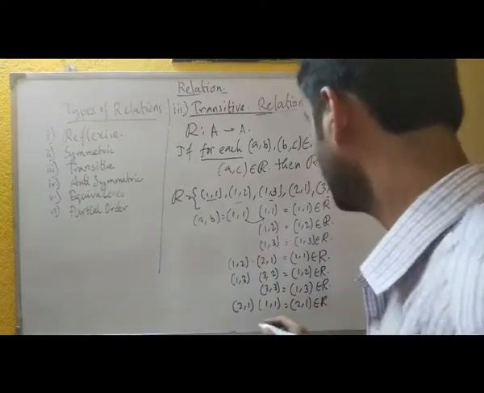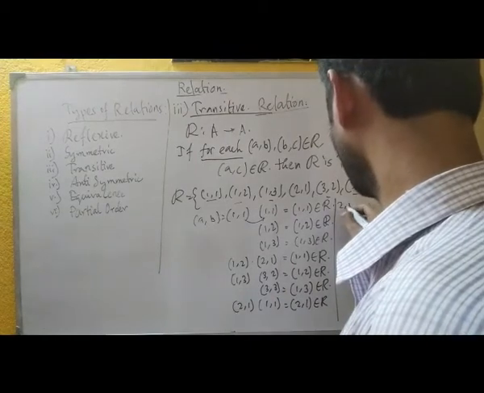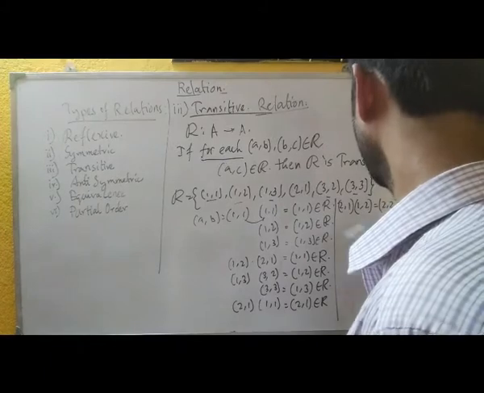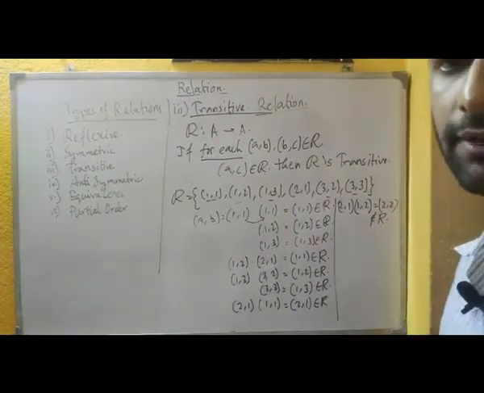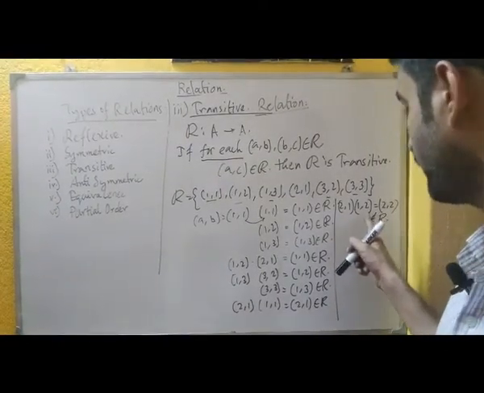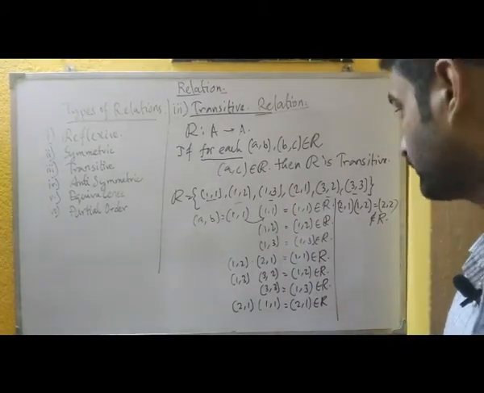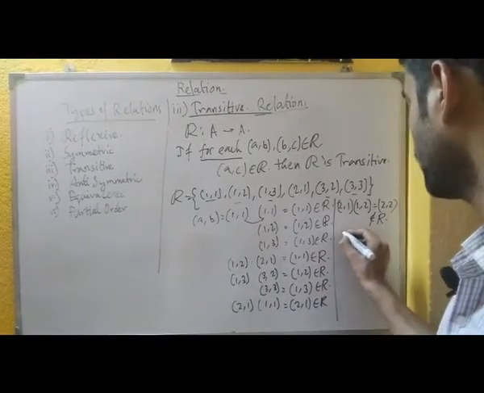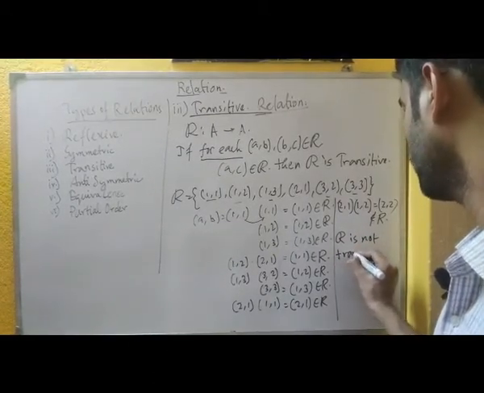It belongs to R. Next we take here (2,1) with (1,2), that gives (2,2), and that doesn't belong to R. So here the transitivity breaks for this relation, and it is breaking for only one element, meaning the relation is not transitive. So here we can say that the relation R is not transitive.